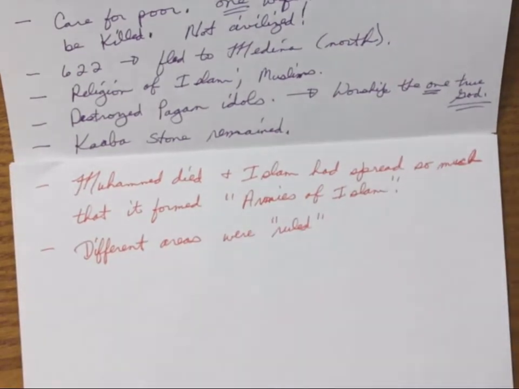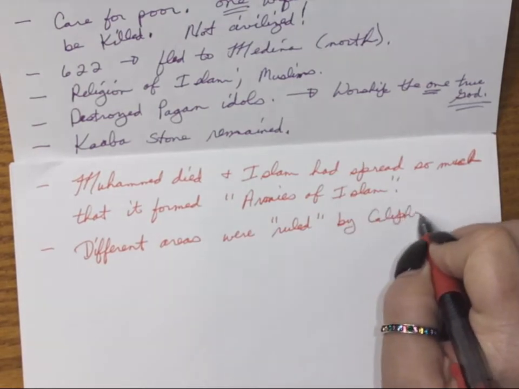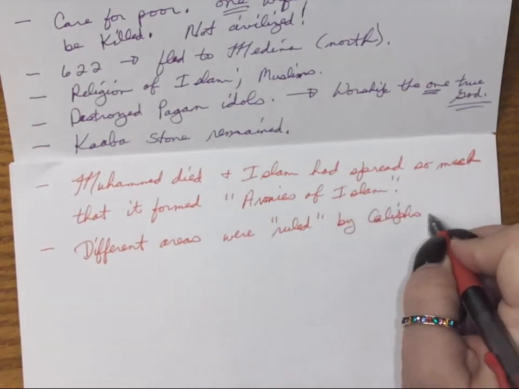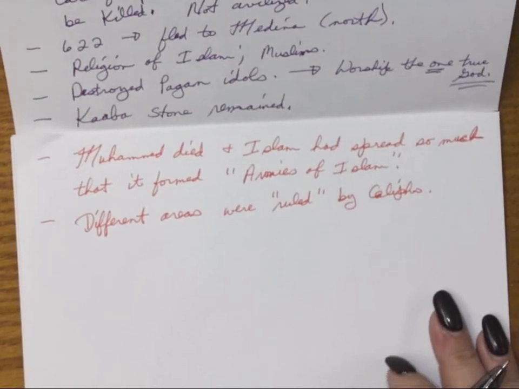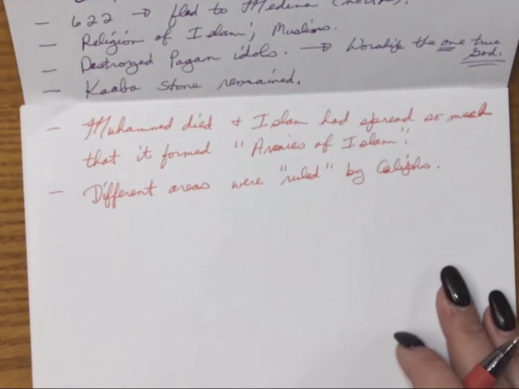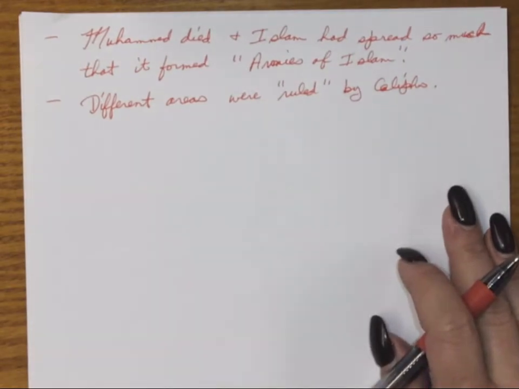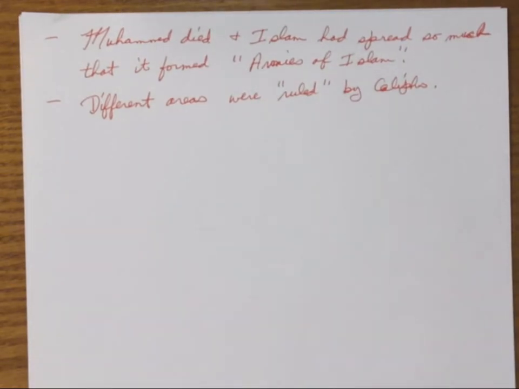They were ruled or they were controlled or run by something that ends up being called caliphs. Okay, so these are the people who are now they're interpreting the works of Muhammad, and they're telling the armies of Islam what they should do. All these people, and there's so many of them that what happens is they send them out to start conquering.